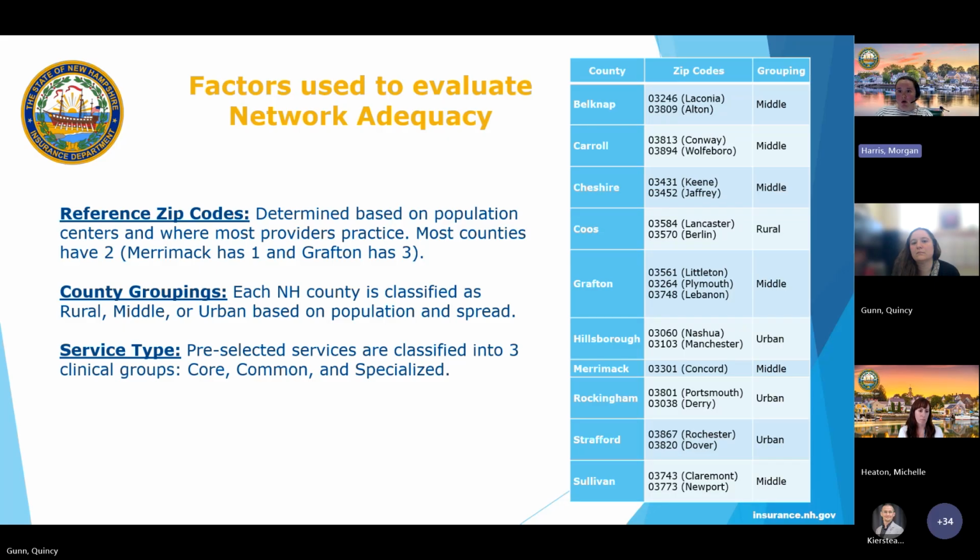It's more so the reference zip codes, which we know have the highest population in the county. What is it looking like for the providers around those? Is the provider located in the reference zip code, which happens a bunch, or how far away are they from that? So that is a big difference, and I know it was asked and talked about a lot last year, so I wanted to touch on that.